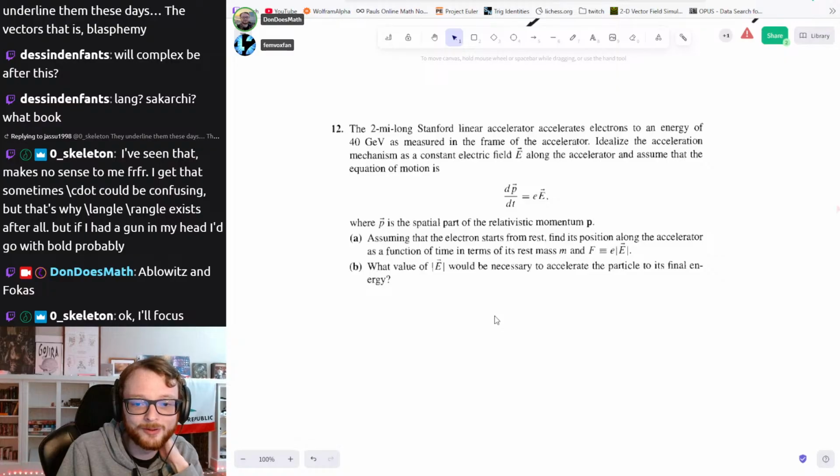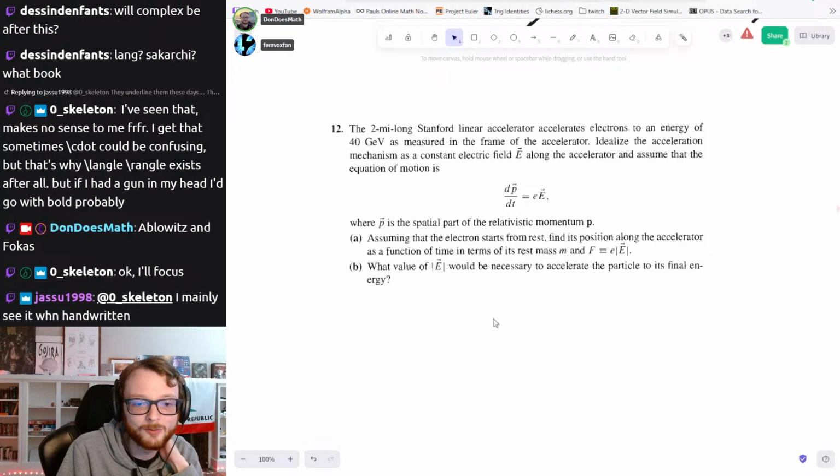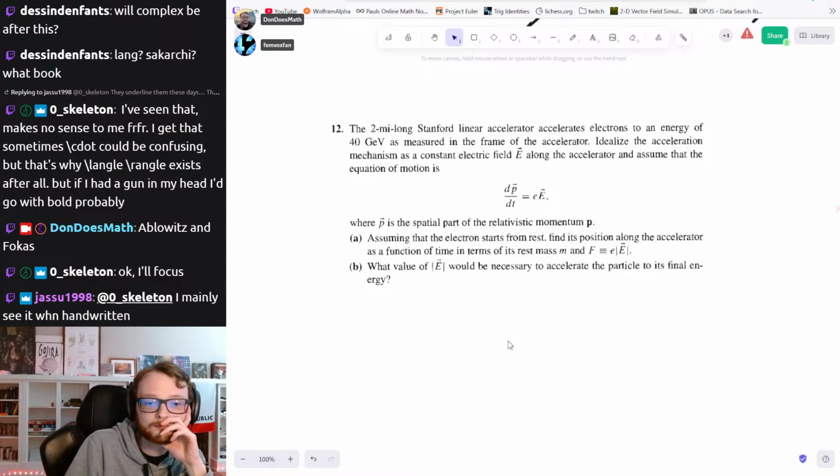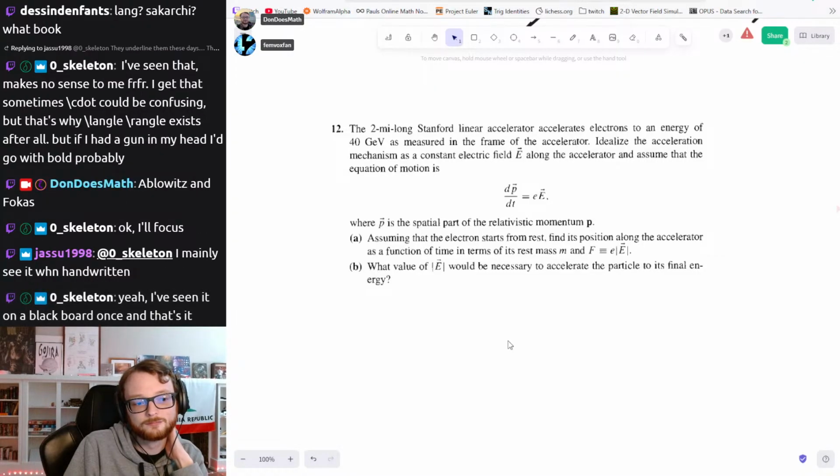Assuming that one starts from rest, find its position along the accelerator as a function of time in terms of its rest mass. So really they're asking us to take this momentum, or I guess it's a force because it's dp dt, and find position.